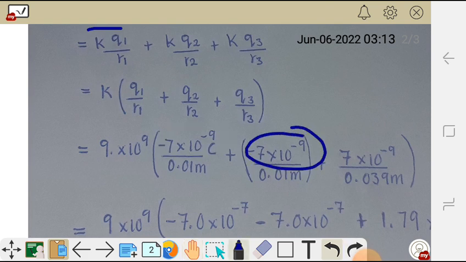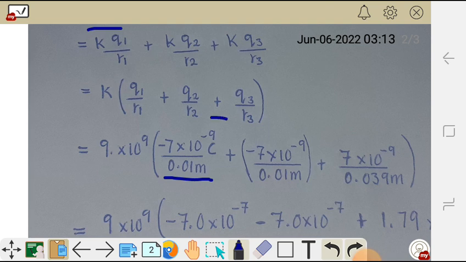Our R, we said, is the distance, so we replace that in our formula. The base charges will have a distance of 0.01 meters, and the one on top will have a distance of 0.039 meters.